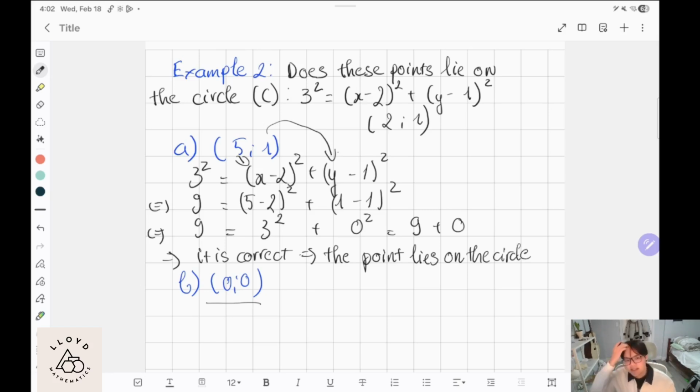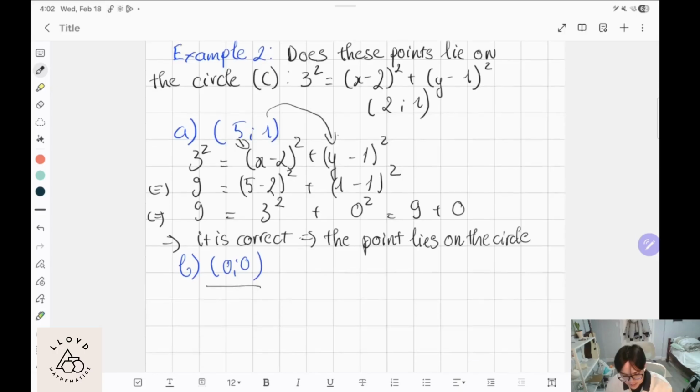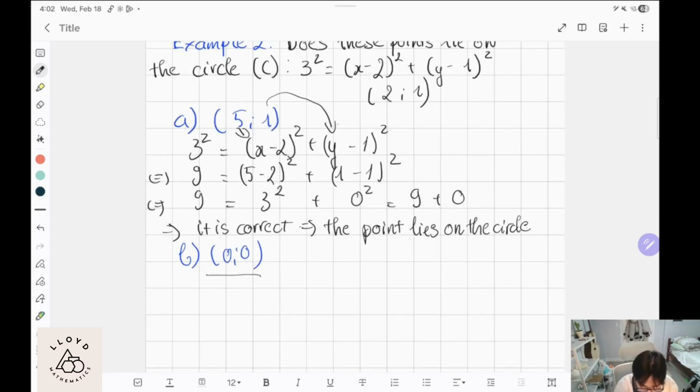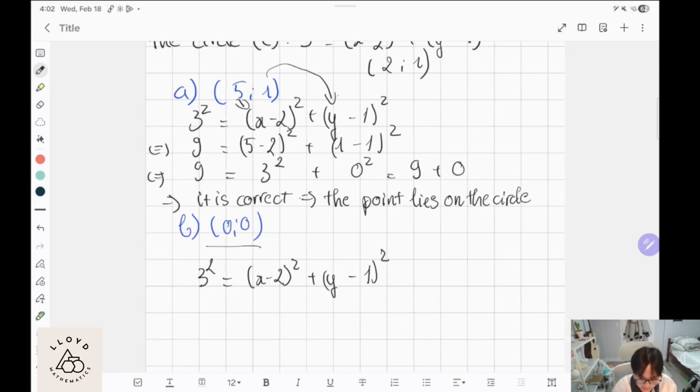Okay, let's try another example. I put the equation here: 3 squared equals x minus 2 squared plus y minus 1 squared. To test whether the point lies on it, I use the previous method: I replace x with 0 and y with 0, which is the coordinate of this point.